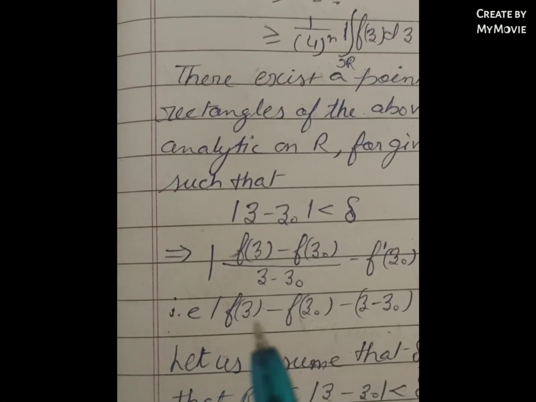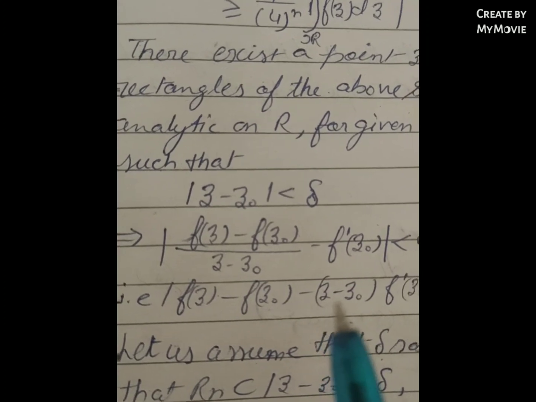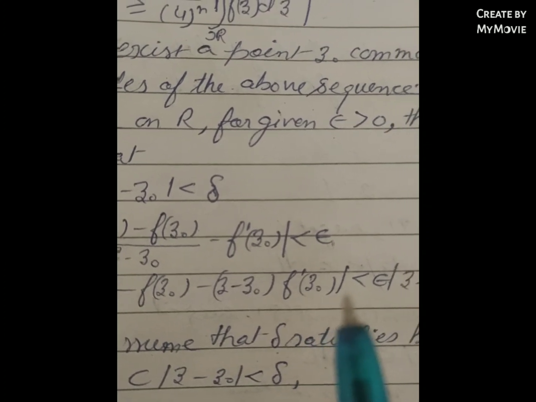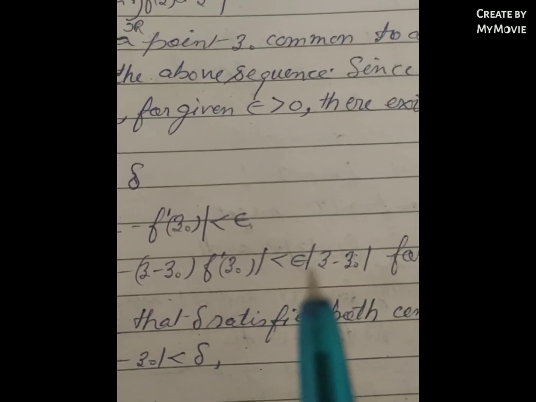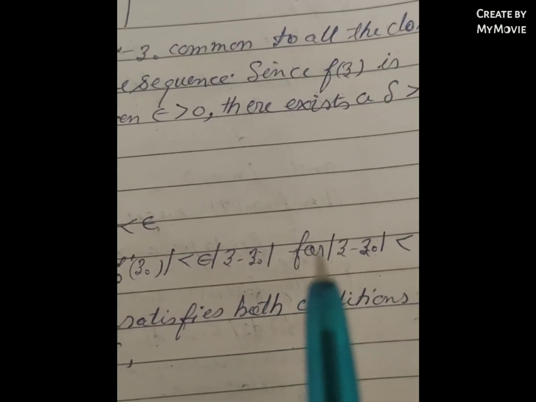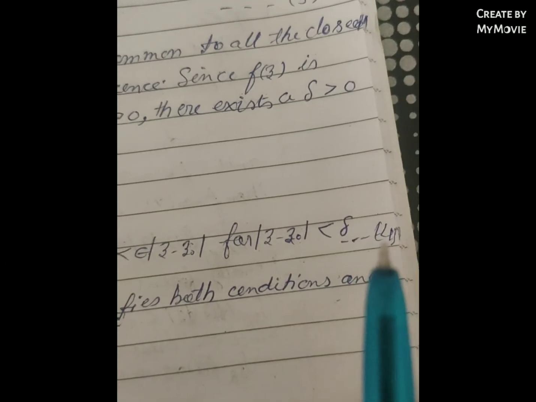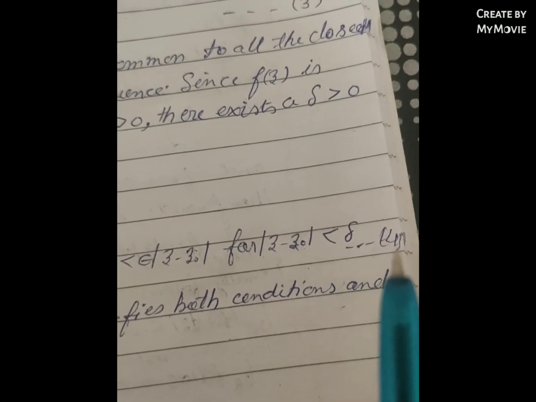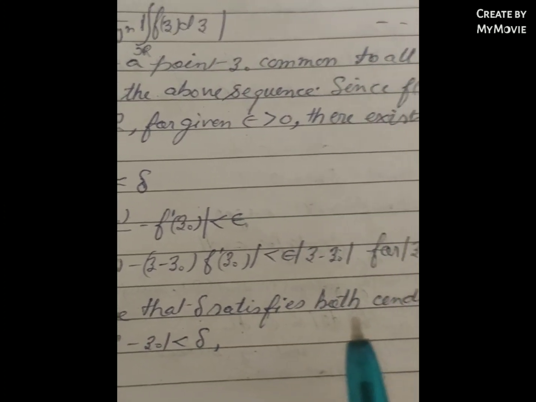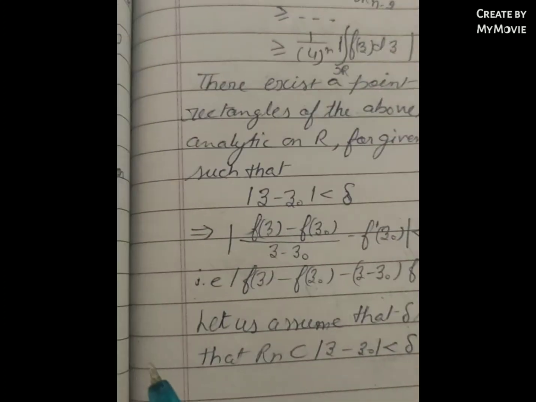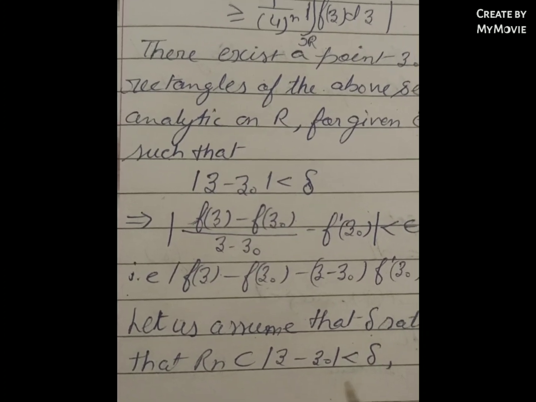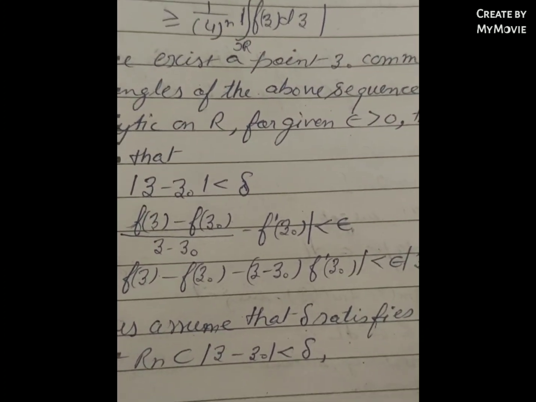That is, the modulus of f(z) minus f(z0) minus (z minus z0) f'(z0) is less than epsilon times the modulus of z minus z0, for modulus of z minus z0 less than delta. This is equation 4. Let us assume that delta satisfies both the conditions and that Rn is a subset of the disc modulus of z minus z0 less than delta.